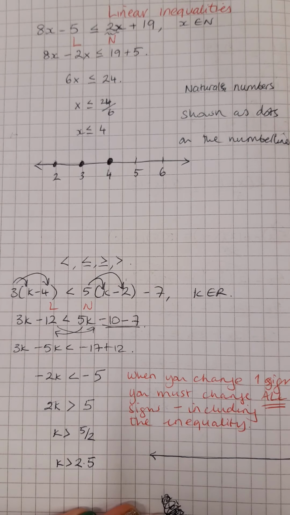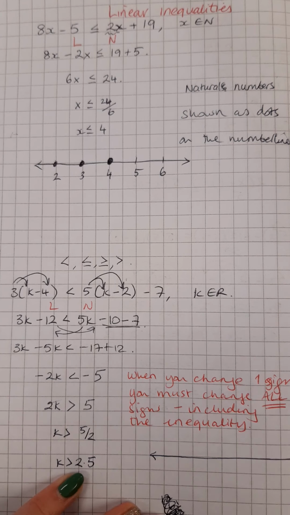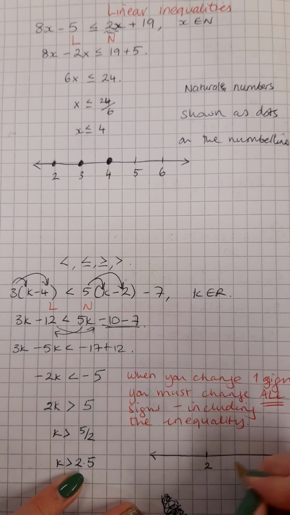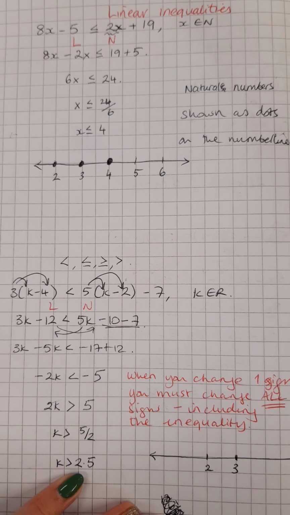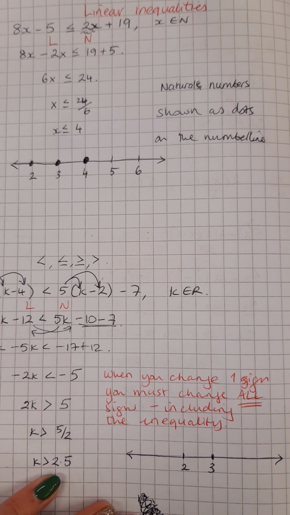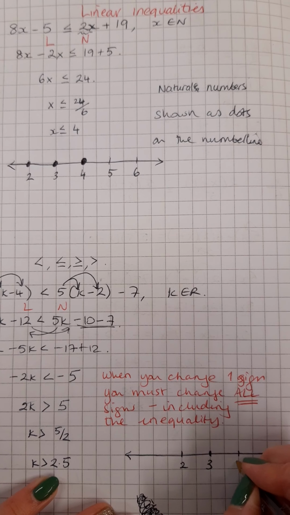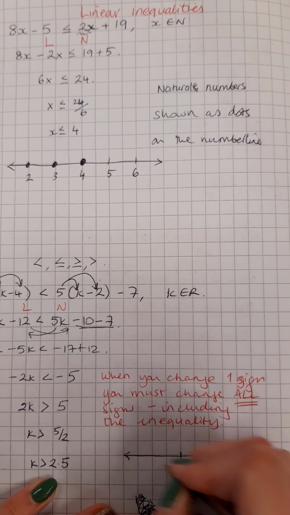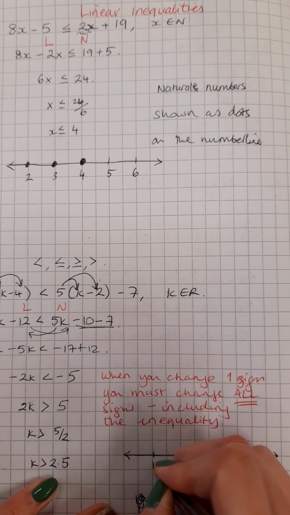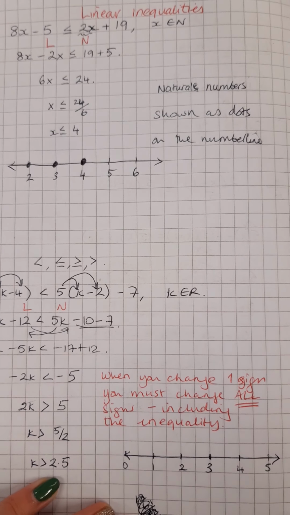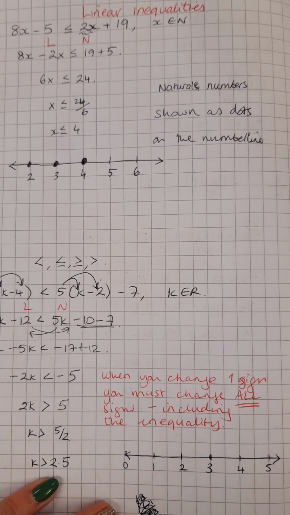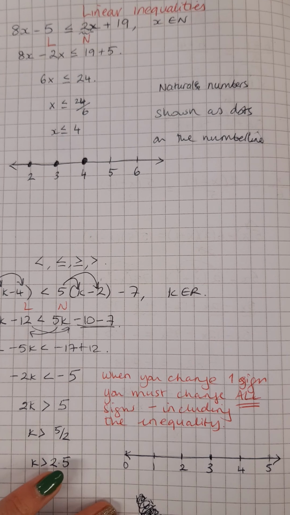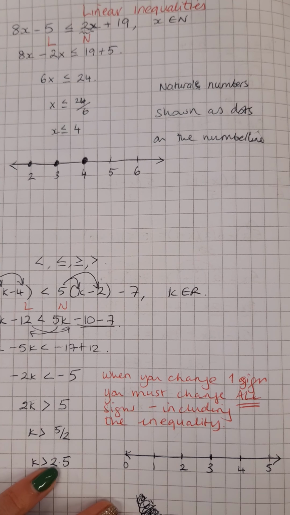We show the whole numbers, like we did earlier on. 2.5 comes between the number 2 and the number 3. So they're the numbers that go in the middle. Then show a few numbers to the left and a few numbers to the right. Apologies, I did that the opposite way around, but anyways. So I have numbers 0, 1, 2, 3, 4, 5 on my number line shown. I have to show 2.5 on my number line.